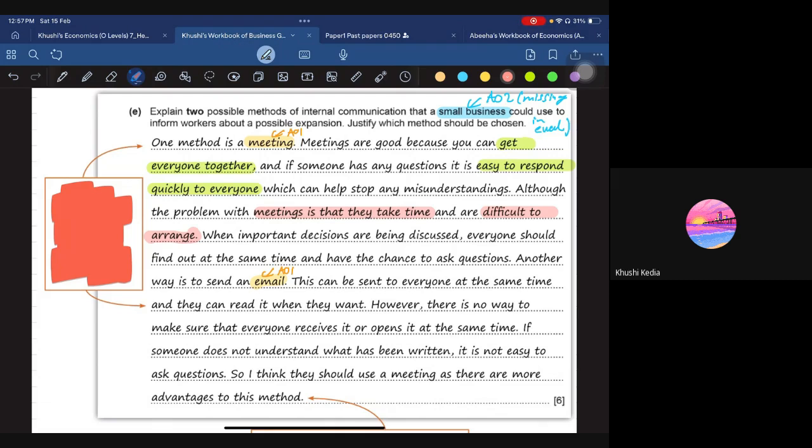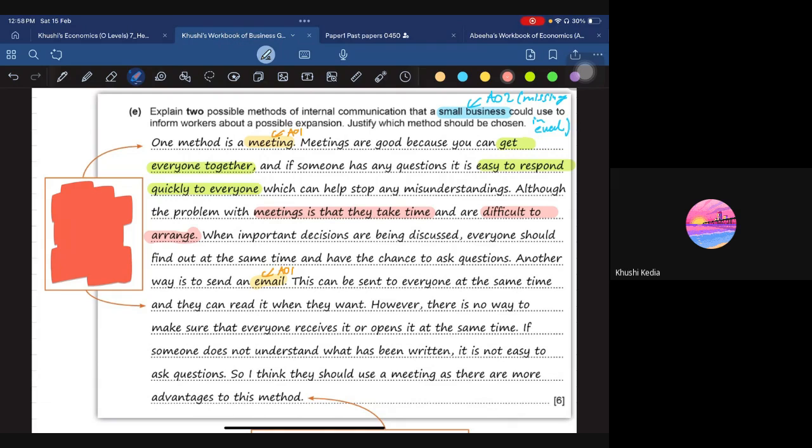The second sentence is more of just an explanation of those two points. Which second sentence are you talking about? The one where important decisions are being discussed. So, what are you saying about this? I was saying that it's more like an explanation of why meetings are time-taking and why it's a disadvantage, because it's necessary for all of them to be together and it's difficult to arrange a meeting where everyone is available. So it's more like an explanation.